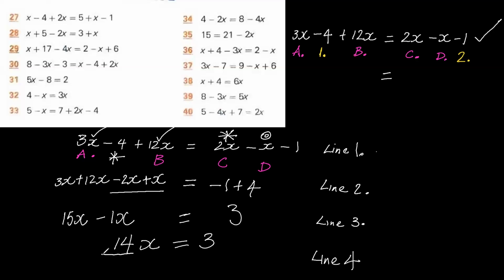Remember I said you divide by the number in front of the x. So whatever I do on one side, I do on the other. So my answer is, you could leave it, x equals 3 over 14. Anybody lost?